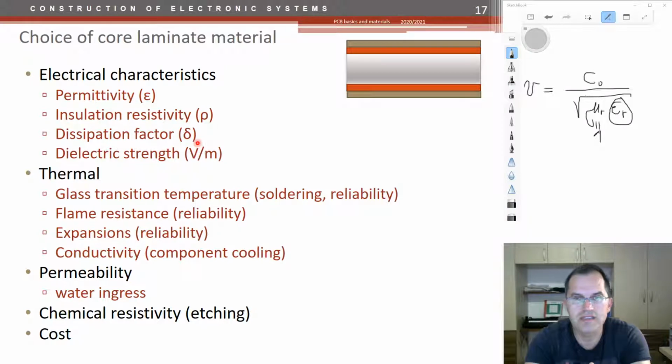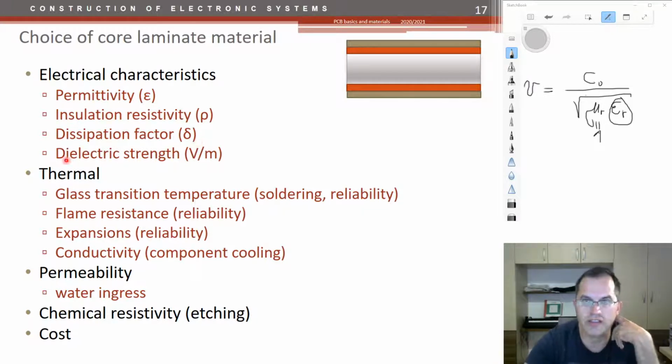So it's similar to the electromagnetic losses in the material. So for high frequency applications, dissipation factor is an important property. And the dielectric strength in volts per meter tells you at which electric field the electric breakdown will happen. Among these, the first property everyone looks at is permittivity, the most important one.